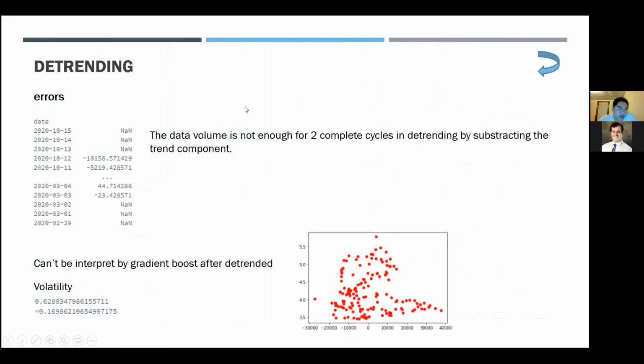But in the final step, we found some mistakes: the detrended variable has many missing values. We searched online. It says the data volume is not enough for 2 complete cycles in detrending by subtracting the trend component. Indeed, we only have data of 11 months.